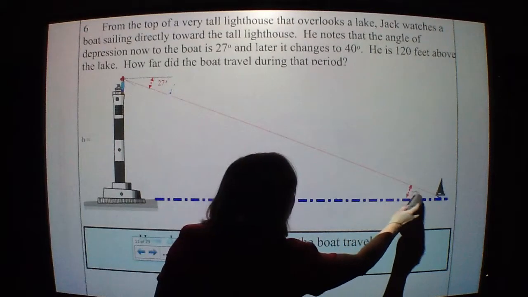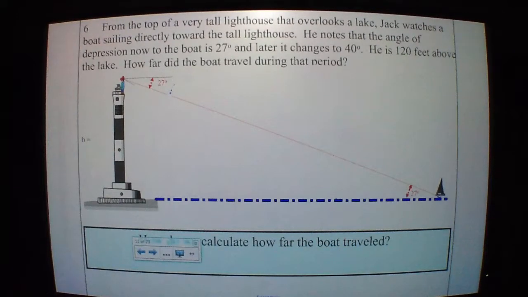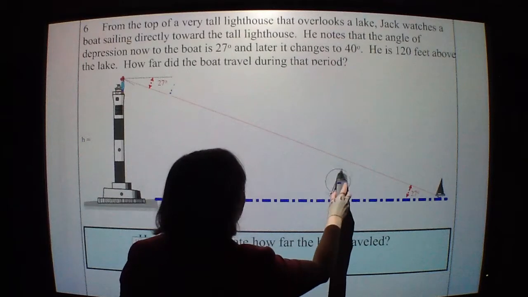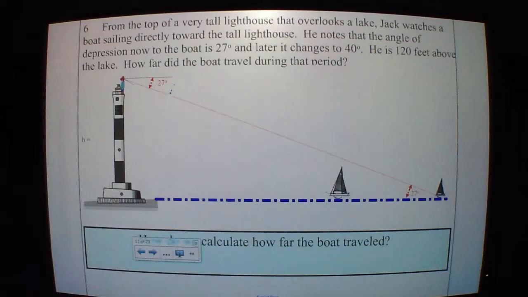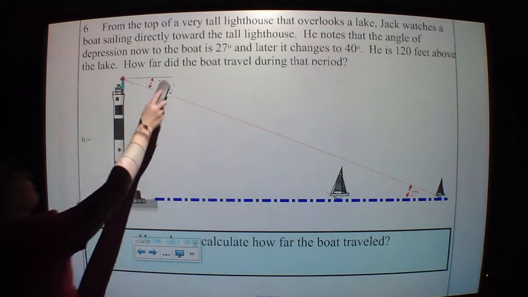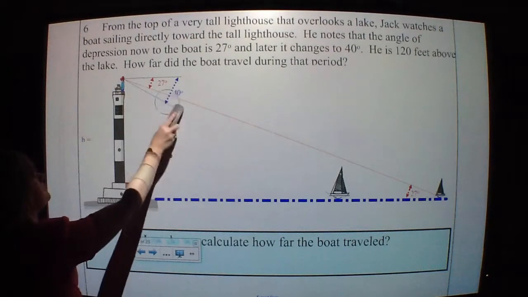Later, it changes to 40 degrees. So this boat is moving, and now it's closer. See, it looks bigger now that it's getting closer. Now, the angle of depression is 40 degrees.